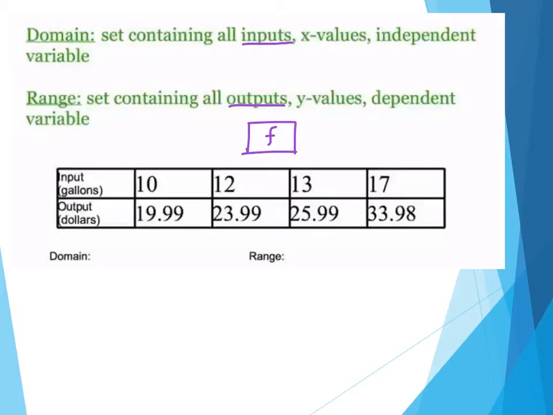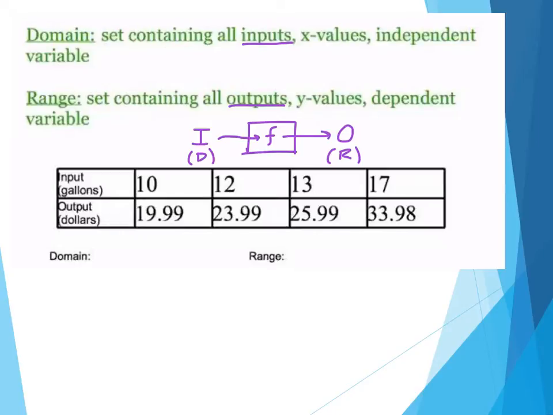What you do is you plug things into the machine. I'll label that with an I. That's my input or my domain. And when I plug it into the machine, it's going to spit out my outputs, which are considered the range. So domain is all the inputs, the things you put into the machine. The range is all the outputs.